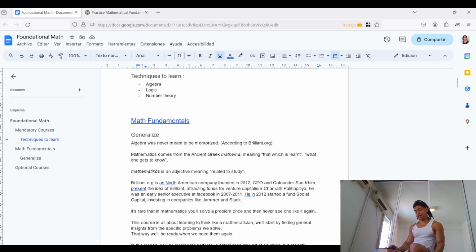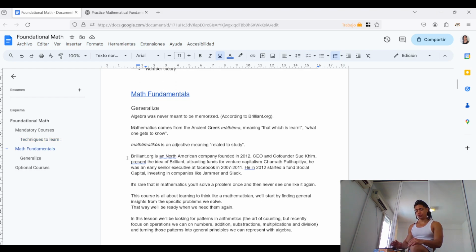as they say here, algebra itself was never meant to be memorized. According to Brilliant.org, the mathematical concept, or math, comes from the Greek mathema, meaning what one gets to know, or that which is learned.